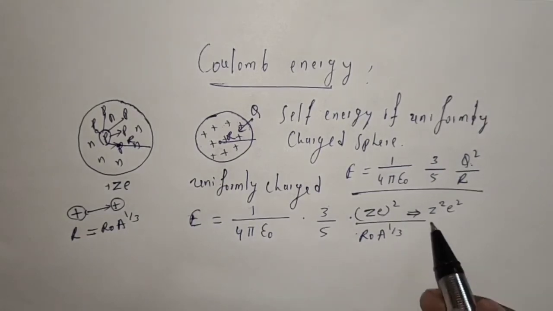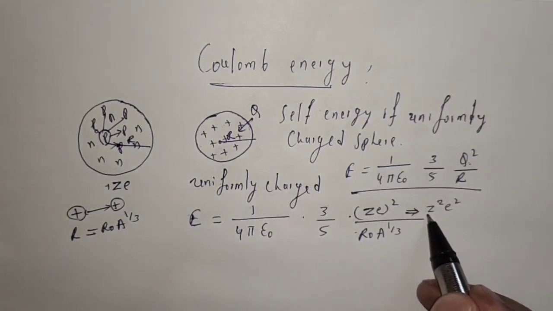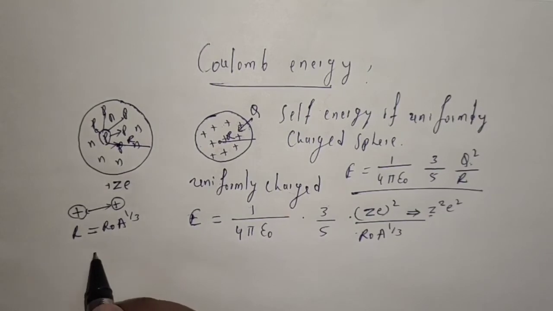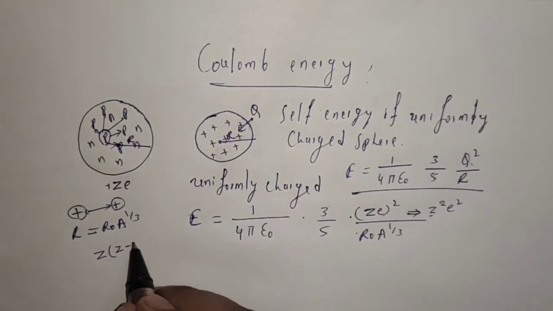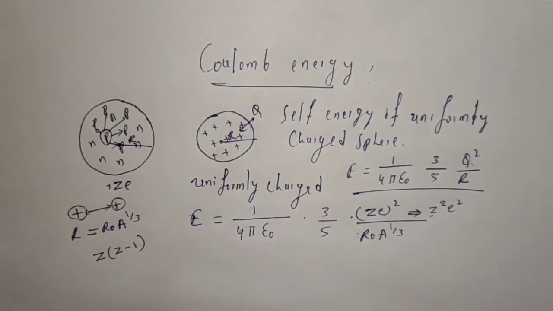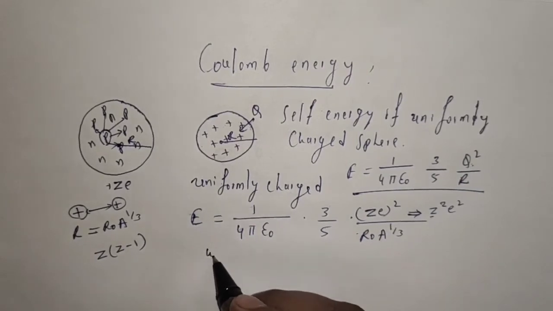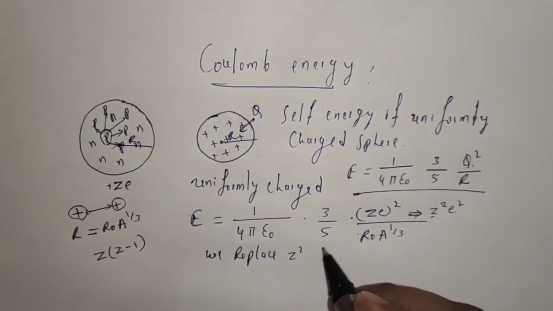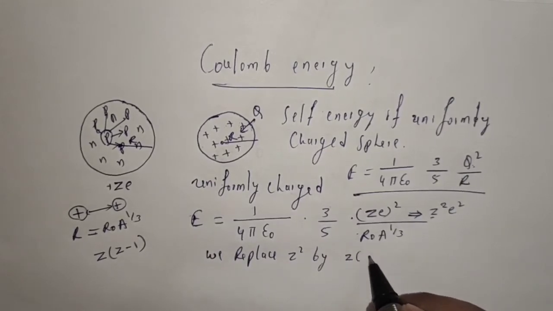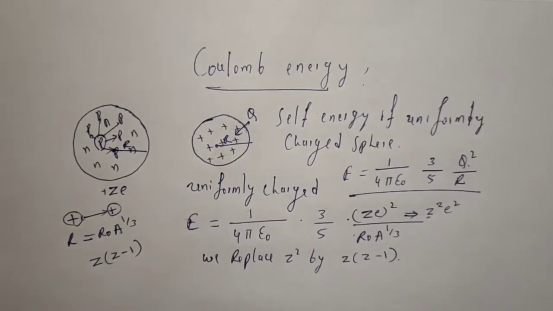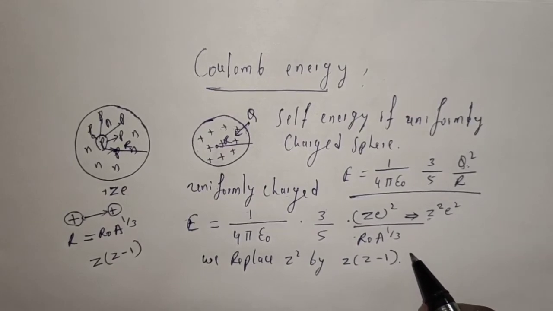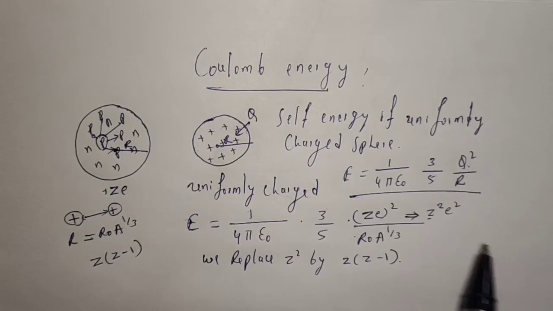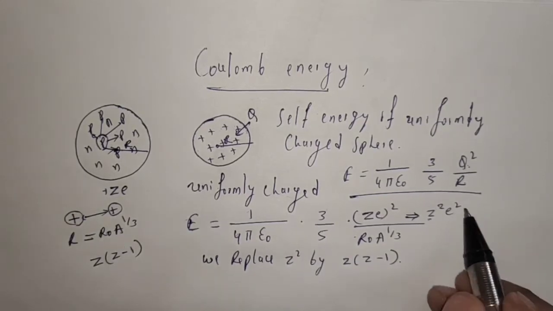But in this equation we replace z square by z into z minus 1, because at least two protons are required for Coulomb repulsion.